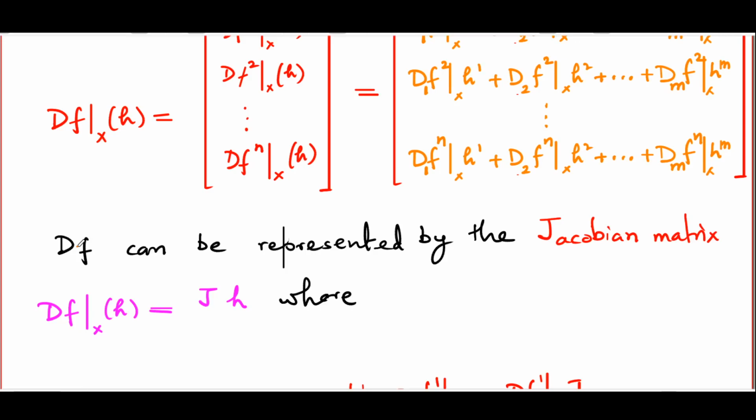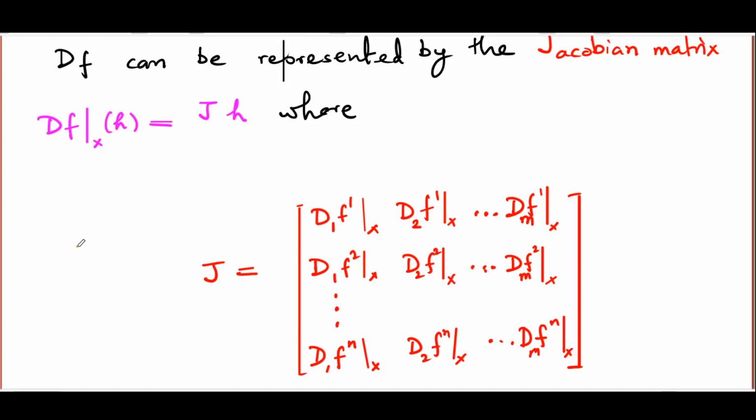It's nothing but the so-called Jacobian matrix, which is formed by taking the partial derivatives of all the functions f1, f2 all the way down to fn with respect to the variables x1, x2, xm and putting that in an n by m array.